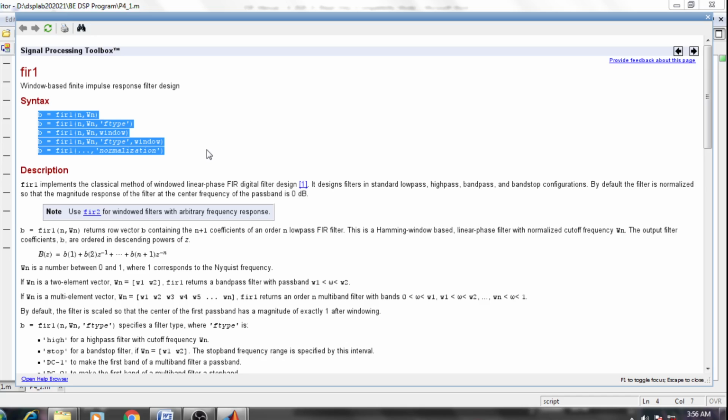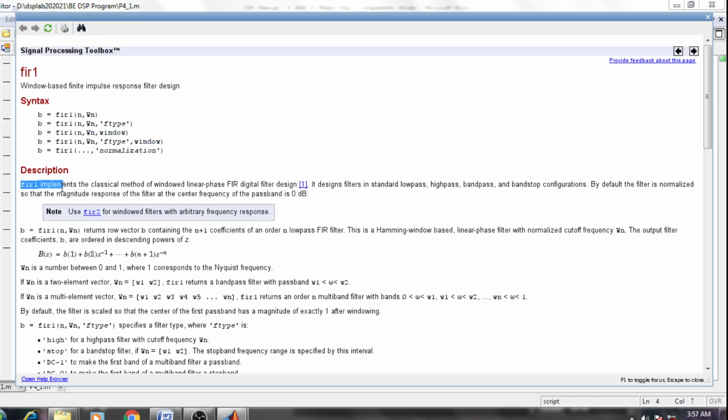The output filter coefficients, the b, are ordered in ascending order. You know the expression: B of Z is equal to B of 1 plus B of 2 into Z raised to minus 1 plus and so on, plus B of n plus 1 Z raised to minus n. So this FIR filter is based on that.